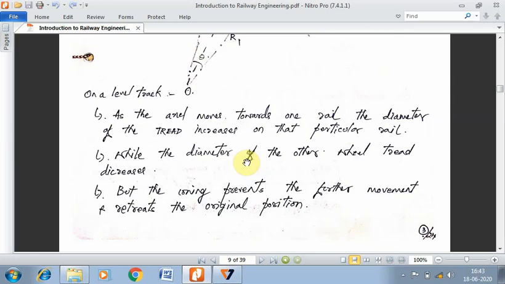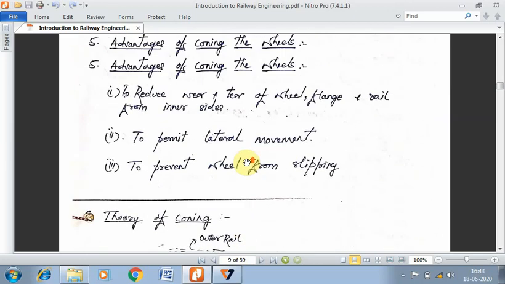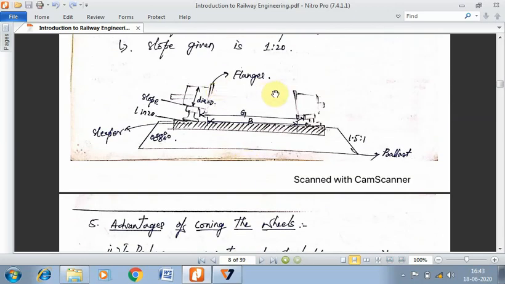When the axle moves towards one rail, the diameter of the tread increases on that particular rail. For example, in this particular case, the tread diameter is less on the outer section of the wheel, whereas when you come close to the inner section of the wheel, very close to the flange, the diameter will be the highest. So the diameter of the wheel will be less here, and the diameter of the wheel will be more here.